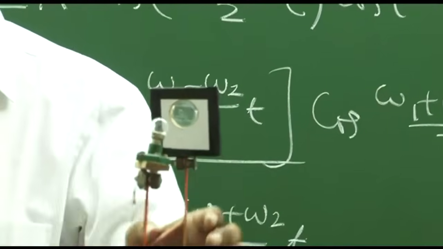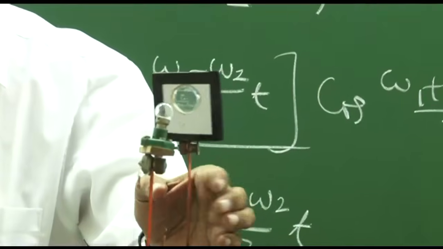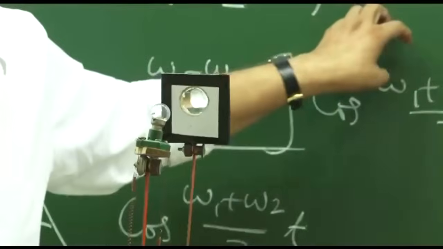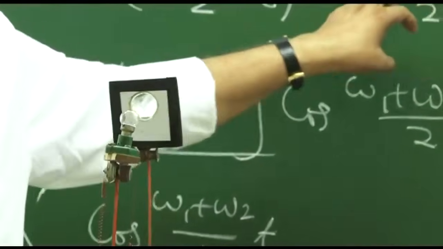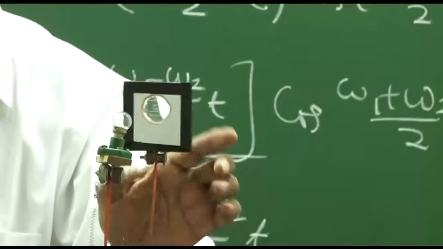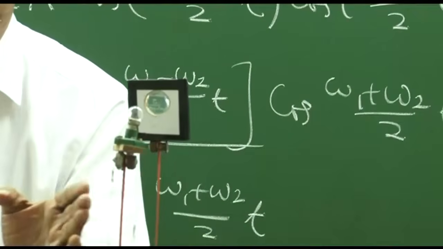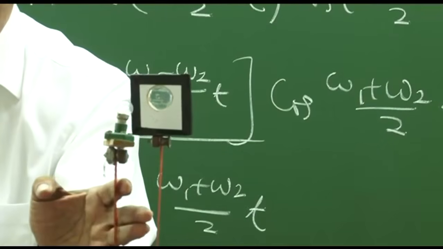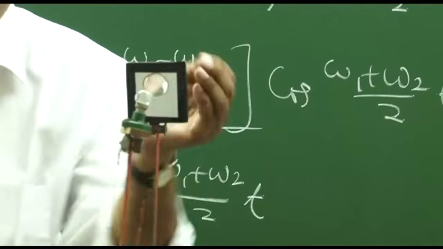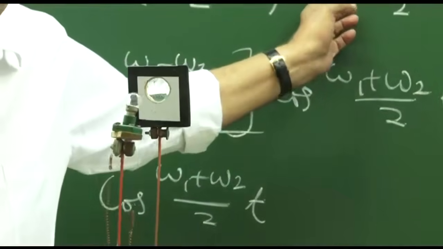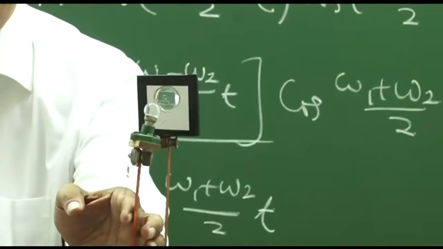If I oscillate this lens, the image will oscillate and the frequency will be the same as the frequency of this lens. Whereas, if I oscillate this bulb, then also the image will oscillate, but this time it will have the frequency of the bulb's oscillations.